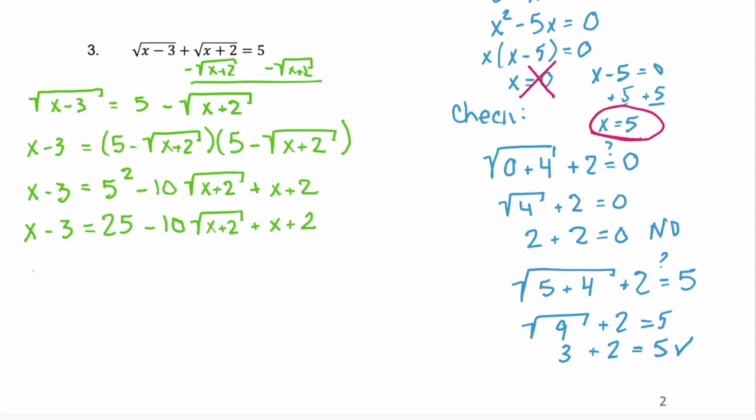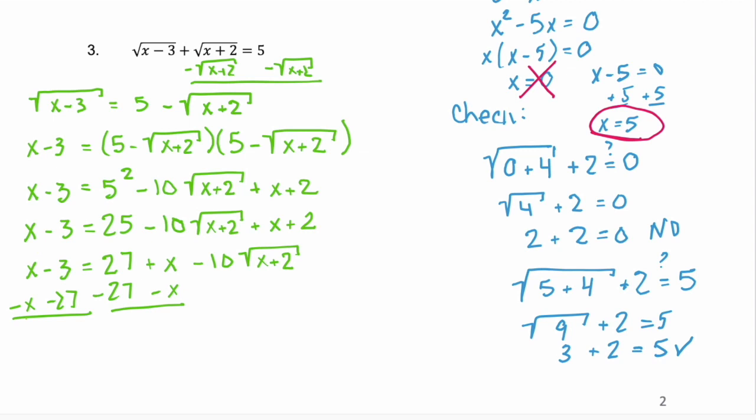Combining on the right-hand side, the left stays x minus 3. We have 27. Let's move the x up here too. Plus x minus 10 square root of x plus 2. Now I need to start isolating this x plus 2 within the radical. So how about we subtract 27 and we subtract x from both sides.